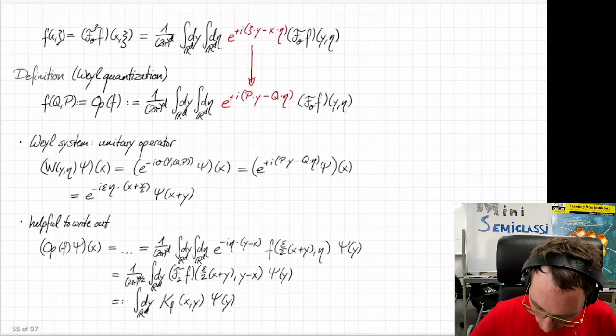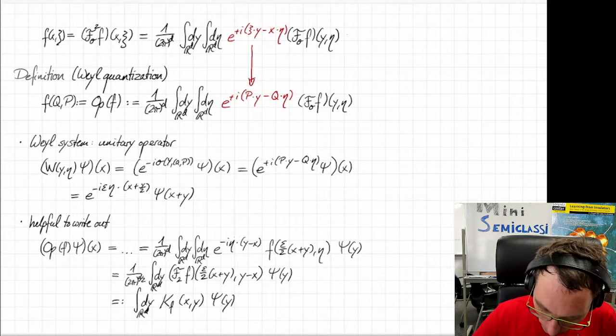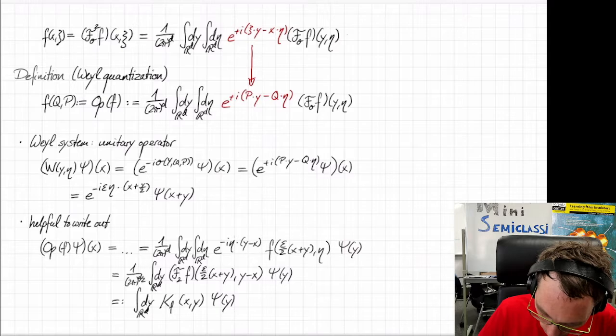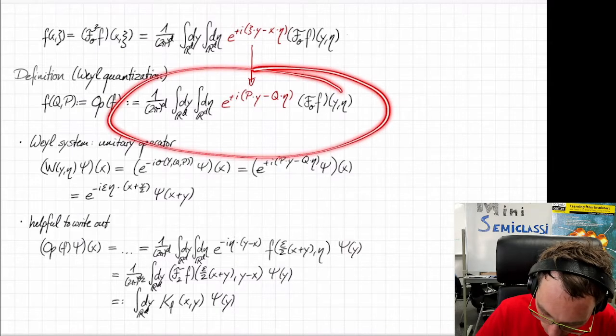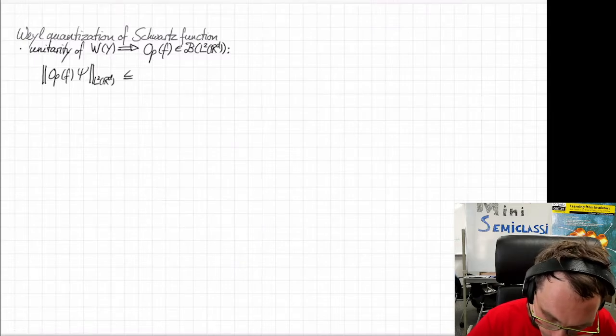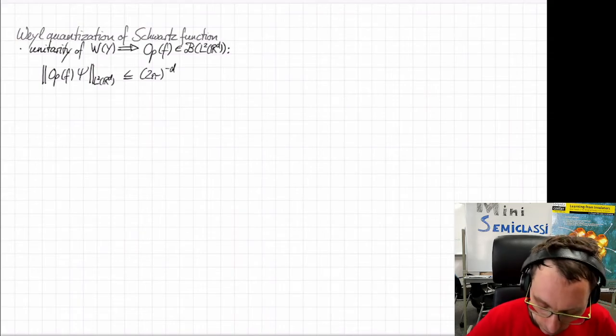If we just look at the original equation, then this is a constant factor containing powers of 2 pi, just a prefactor.